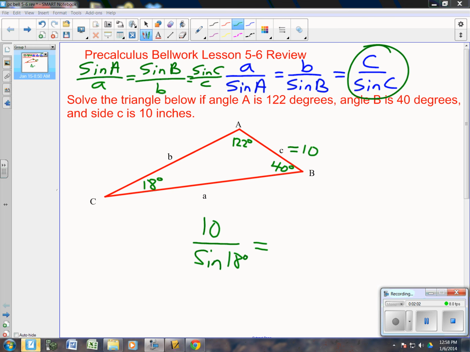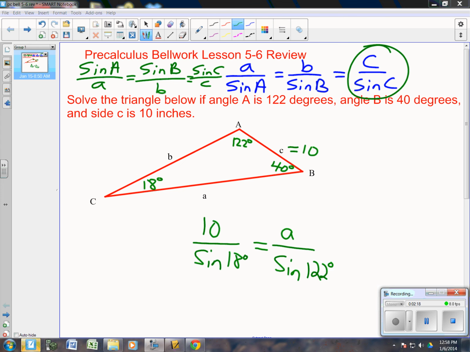A. Okay? So I'm going to find side A over sine of angle A. Angle A is 122 degrees. So now I have an equation with one unknown in it, side A. And that's what I'm going to solve for.